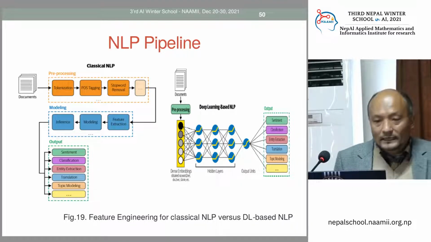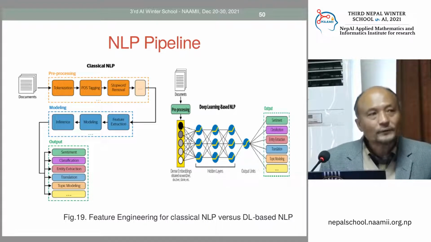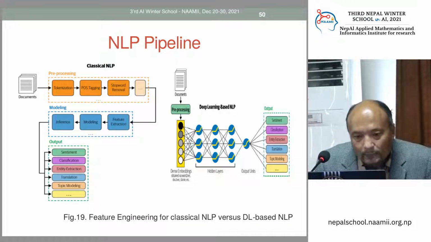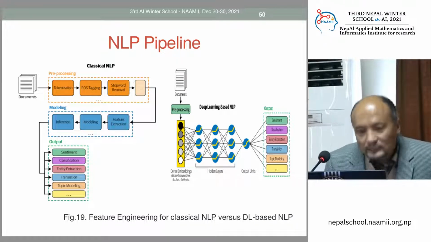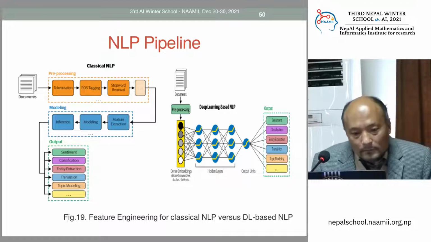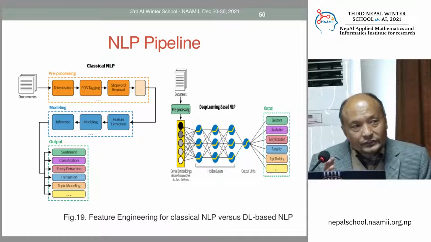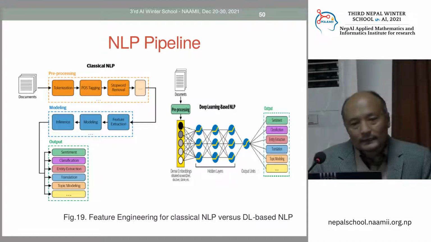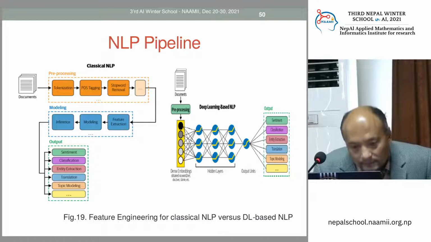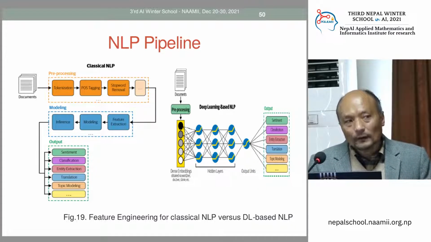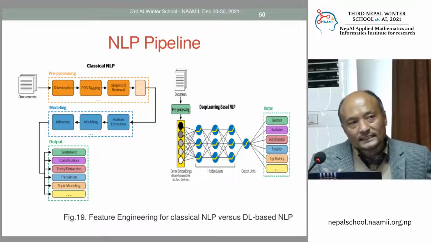In the classical NLP, as you can see, we have documents which undergo pre-processing steps where we have tokenization, parts of speech tagging, stop word removal, and so on, followed by the modeling step, in which we have feature extraction, the modeling part, and then inference. Given new unseen data, your model has to infer and classify it.